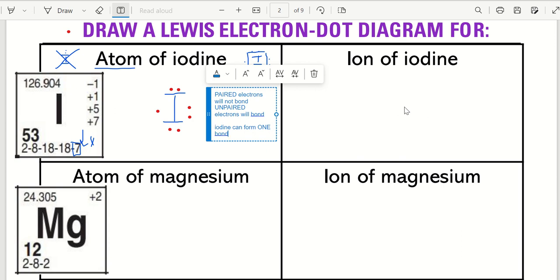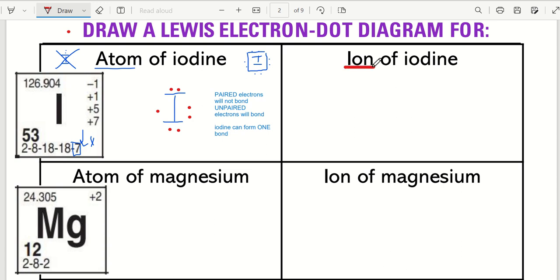All right, now let's go to the ion of iodine. So let's use the same element, right? But now it is an ion, all right? So what does that mean? Well, I'm going to look right here. What is the charge of an iodine ion? An iodide ion is -1. But that makes sense.